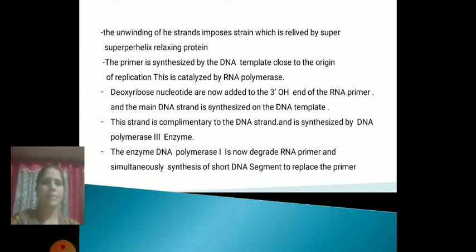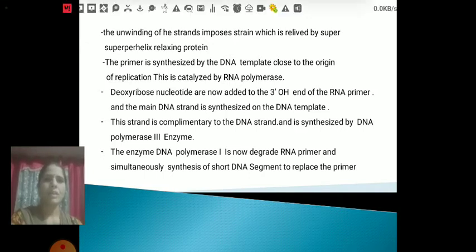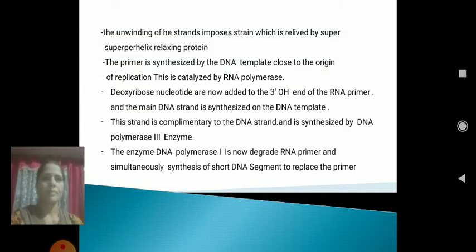In this way, the new strand is synthesized on the DNA template by the action of the DNA polymerase III enzyme. It is complementary to the template DNA strand, but there is a difference: the RNA primer is present. This primer is not exactly similar, it is different.